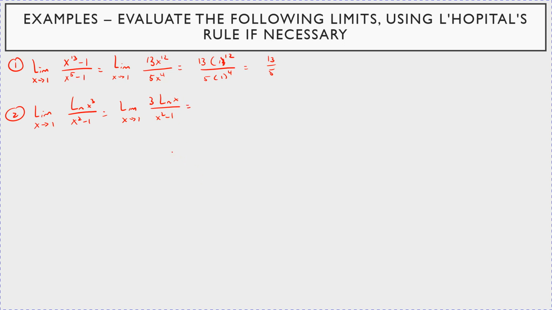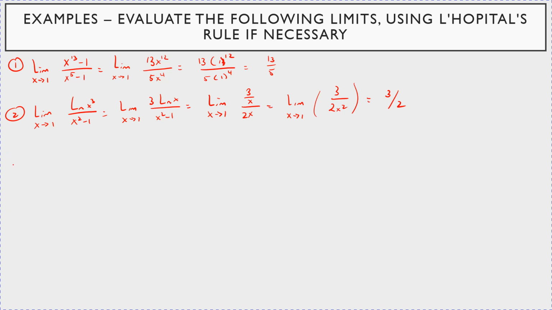So just apply L'Hopital's rule. Take the limit as x goes to 1. Derivative of the natural log is 1 over x, so this is just 3 over x, all over the derivative of x squared minus 1, which is 2x. So when you clean this up, you get the limit of just this, right? Keep, change, flip. The denominator then becomes 2x squared. And you can plug 1 right into this. And the answer is just 3/2. So that's great.